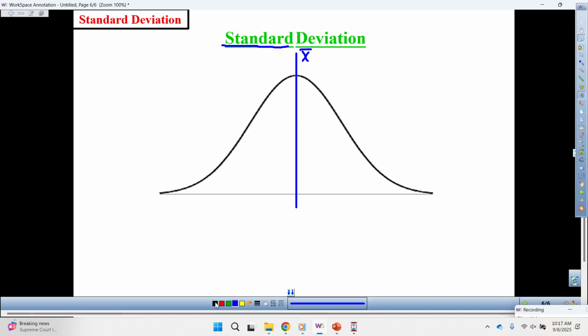So watch. I'm going to have a space here and draw a line down above, and then another space to the left and a line below. This is what we call going up 1 standard deviation or down 1 standard deviation.